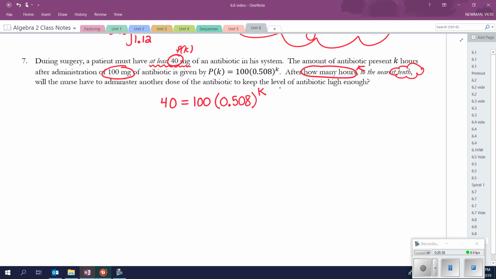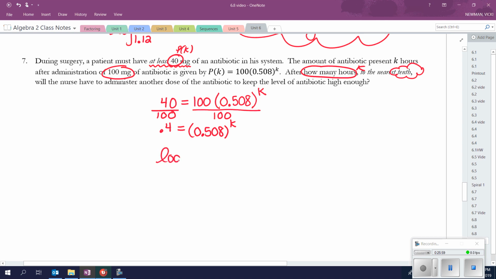So the first thing you want to do is get the weird thing alone. So we're going to divide by 100. So 40 over 100 is 0.4 equals 0.508 to the k. The only way to bring down that exponent is to change the form.